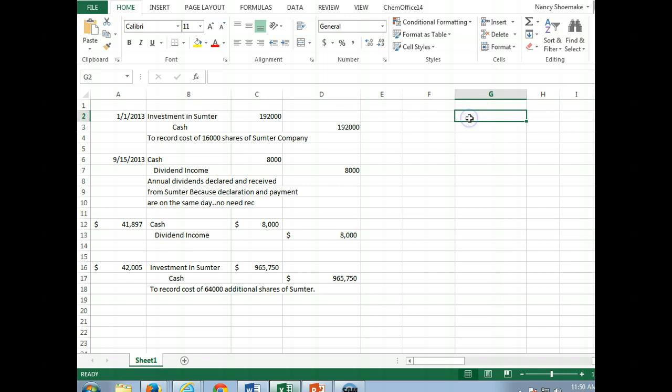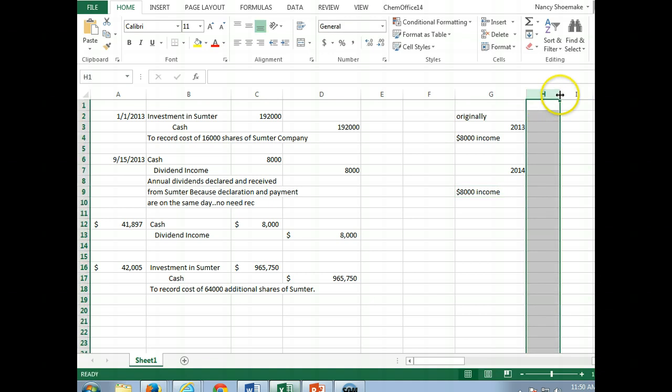So what we did do originally in 2013, we showed income of $8,000, okay? In 2014, we showed $8,000 also of income.